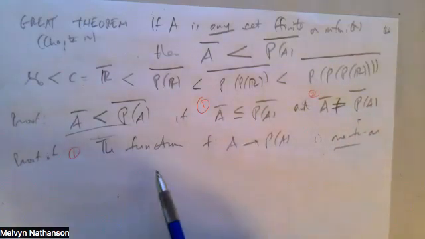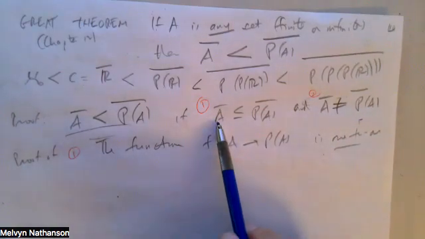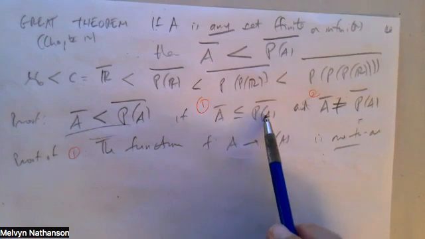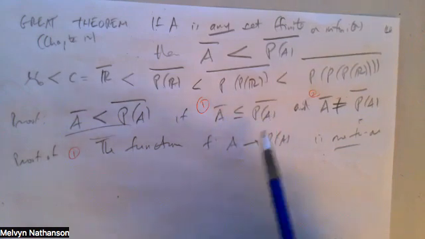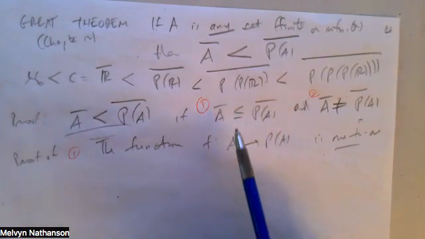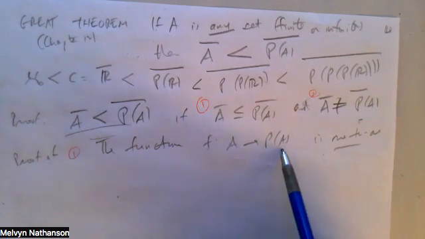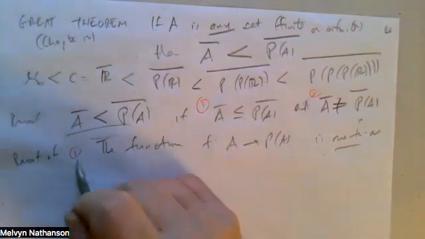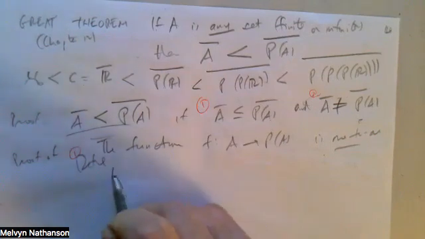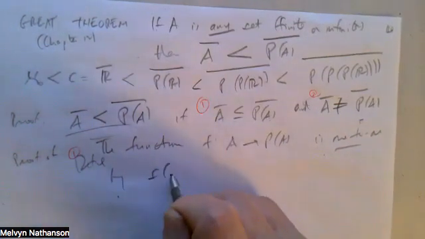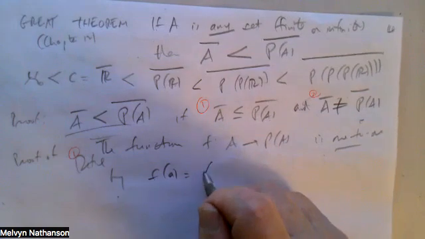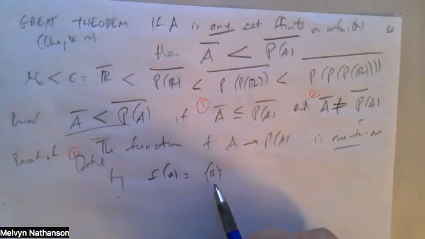Right, to show that the size of a set A is less than or equal to the size of another set, in this case the power set of A, means there's a 1-to-1 function from A to P of A. So define this function by f of the element little a is just the subset of A consisting of the one element a itself.